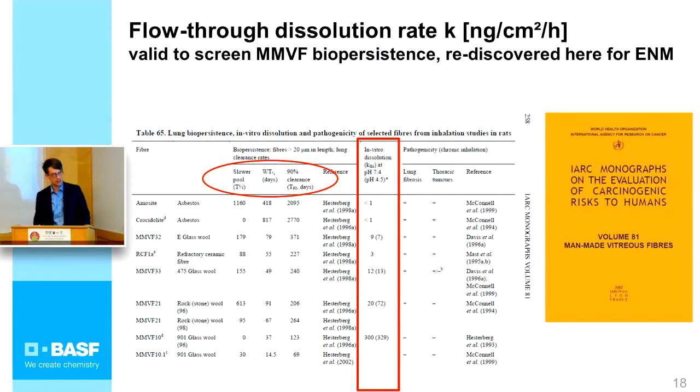This rate is given here for different mineral fibers, glass wool, rock wool, stone wool, asbestos. And it correlates quite nicely with half-life times in vivo. And this is why this method has been so essential to classify mineral fibers. Based on their biopersistence, they are classified either as biopersistent and potentially carcinogenic or not. And so this method might really be of use for nanomaterials too.